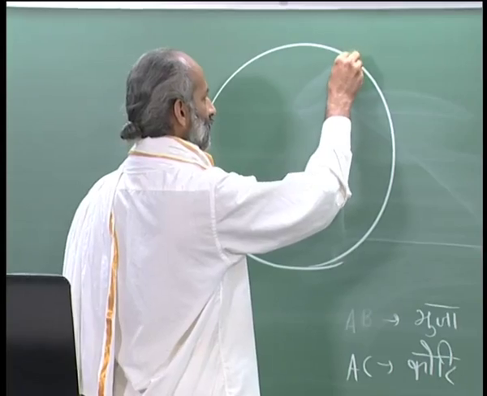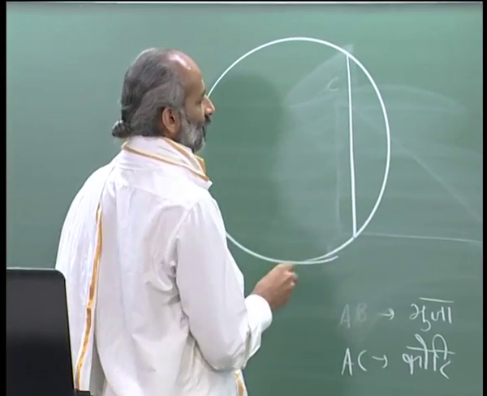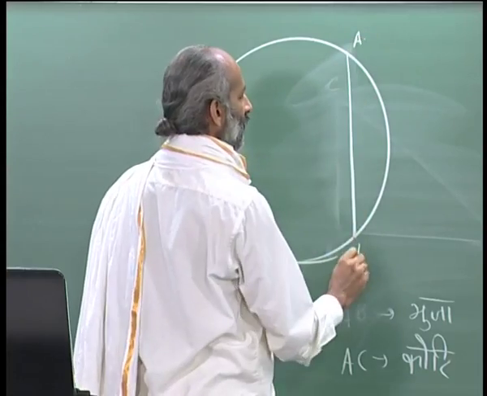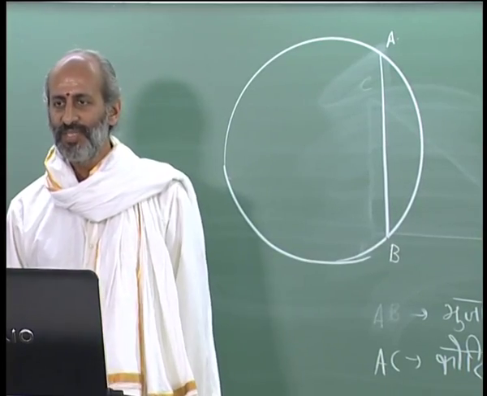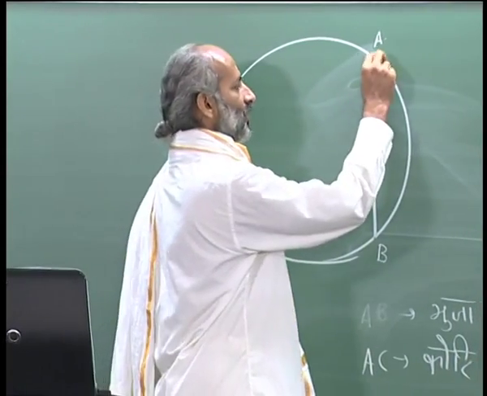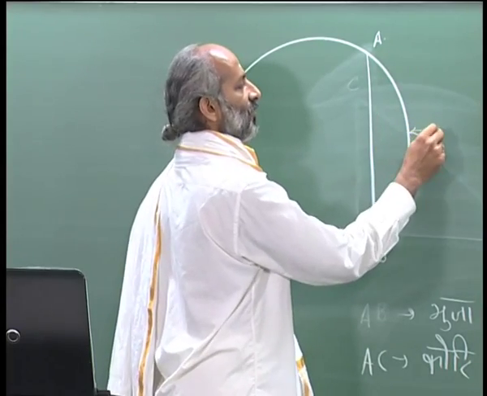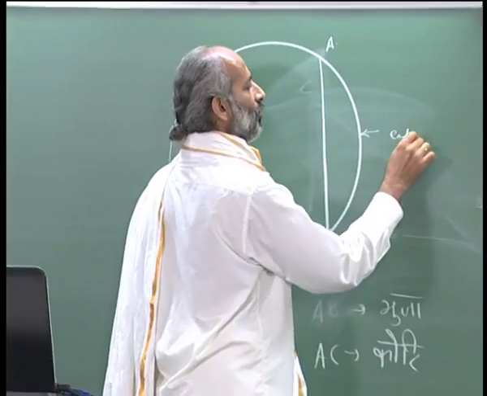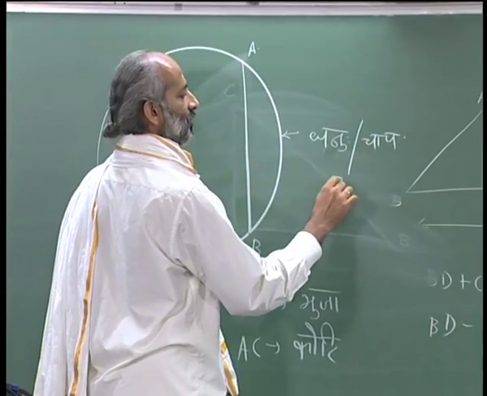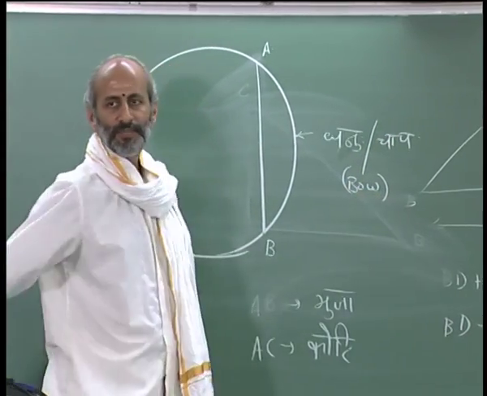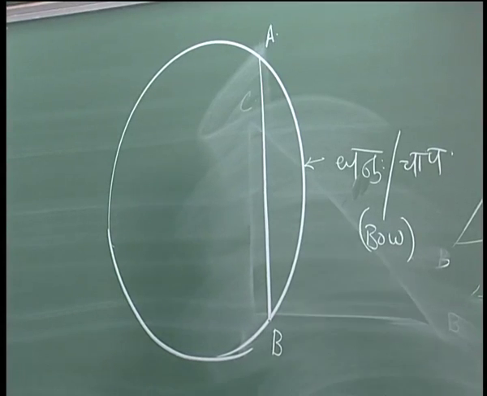Suppose you consider a circle. AB is the chord, which is referred to as jya. This portion of the circle is referred to as dhanuhu or chapa, which actually means bow. The arc looks like a bow, and any arc length is referred to as chapa or dhanuhu or any synonym for that.